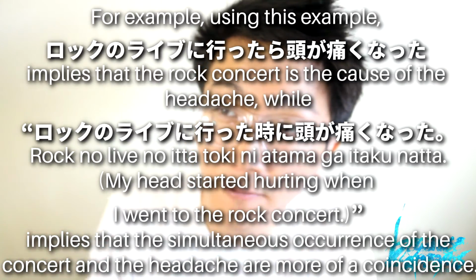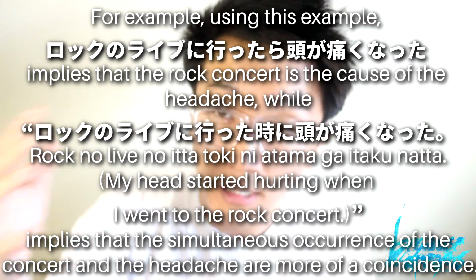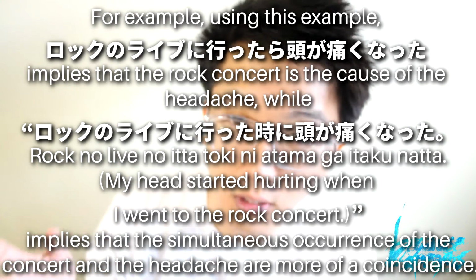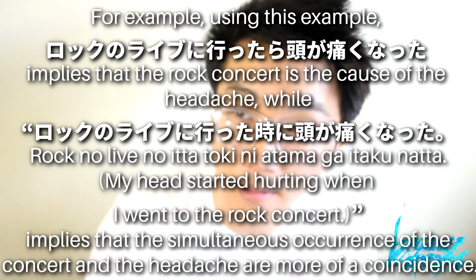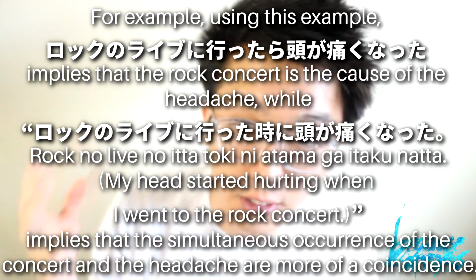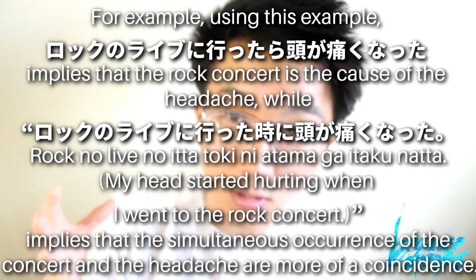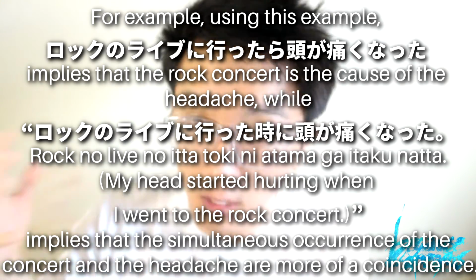So the difference that we have here in this sentence is that the line raku no raibu ni ittara atama ga itaku natta is going to imply that the headache that you got, the head started hurting aspect of the sentence, is a result of going to a rock concert, which is the cause basically.